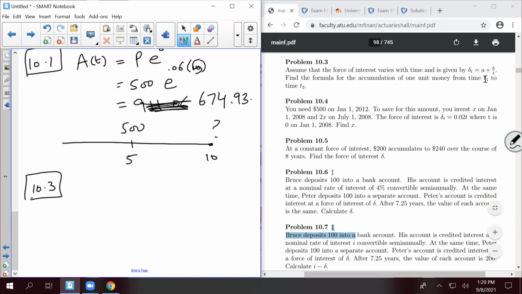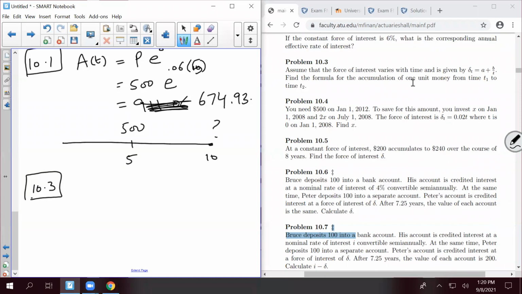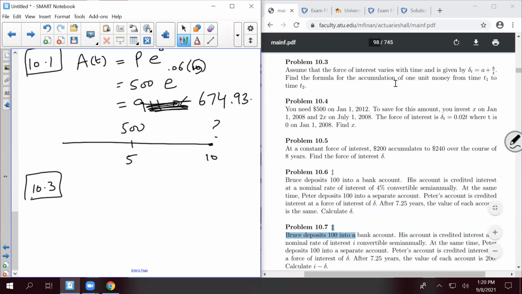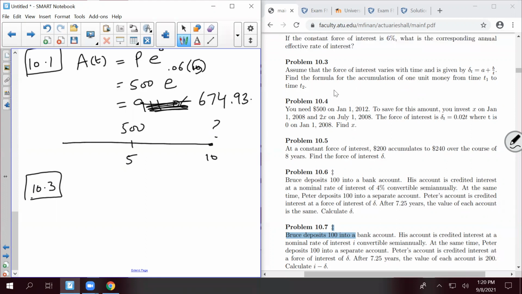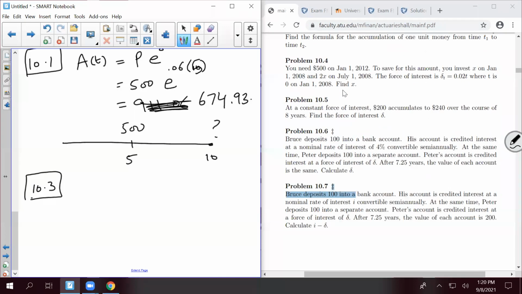Find a formula for the accumulation of 1 unit of money from time t1 to t2. I think no, but let's leave this one. Let's get more comfortable with the idea first before getting into this kind of problem. Let's look at 4 first, 10.4.